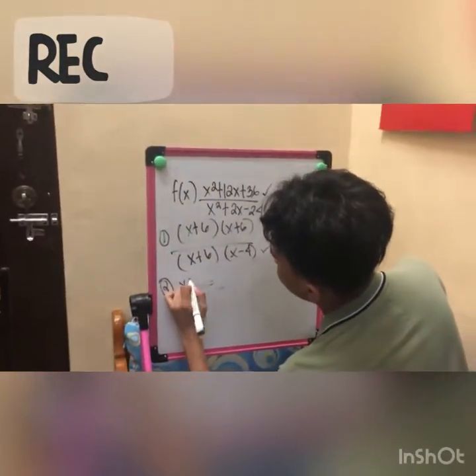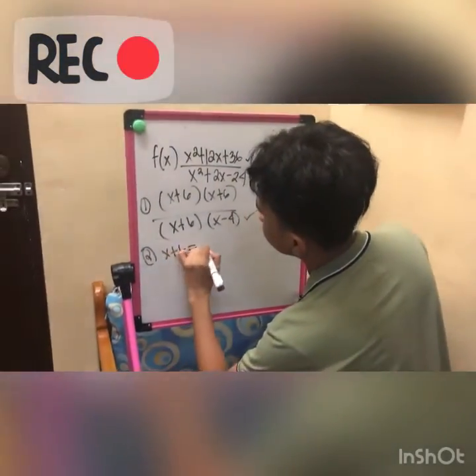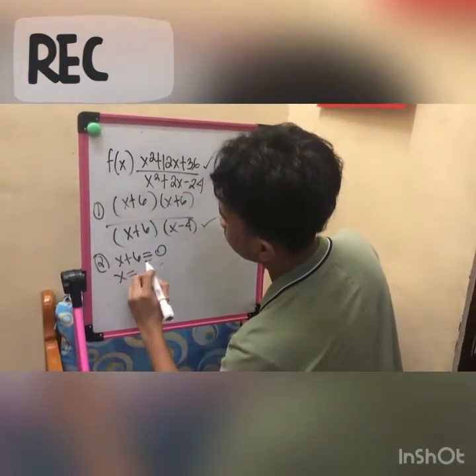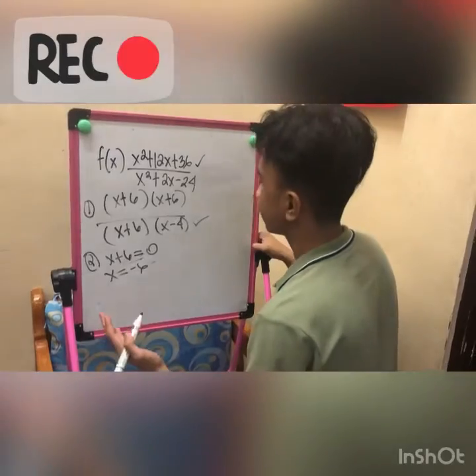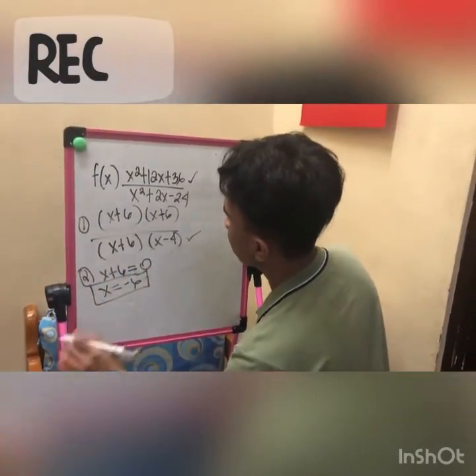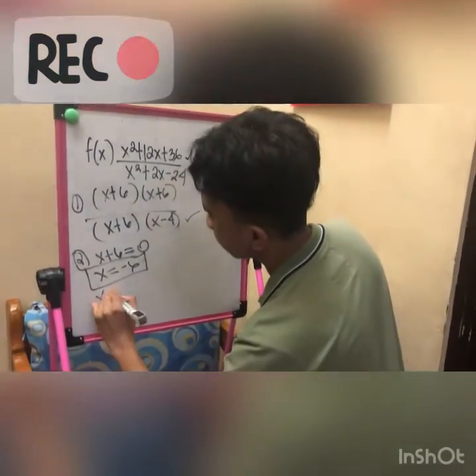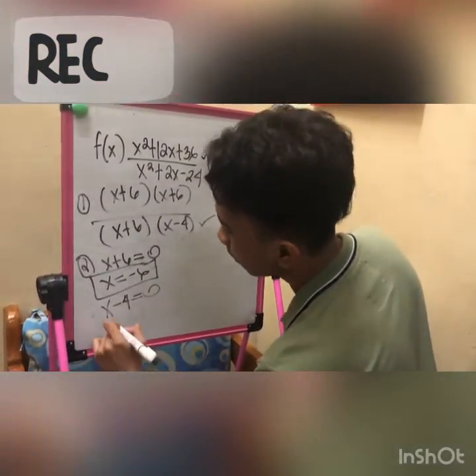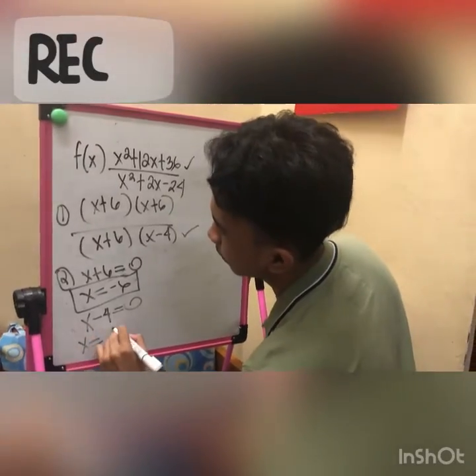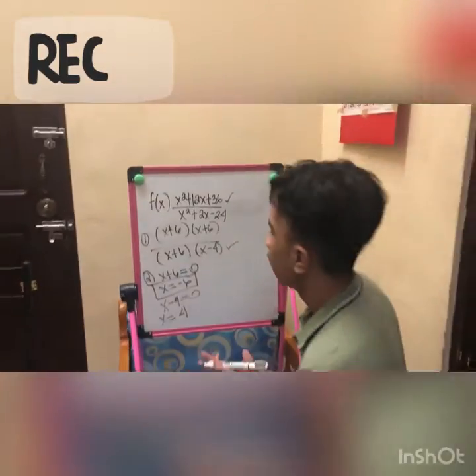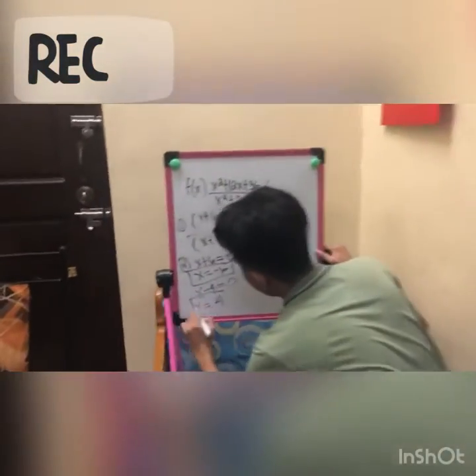So x plus 6 is equal to 0, it will become x is equal to negative 6. So, we must box them. So, x minus 4 is equal to 0. Transpose the 4, it will become x equals 4. So, now we have the restriction.